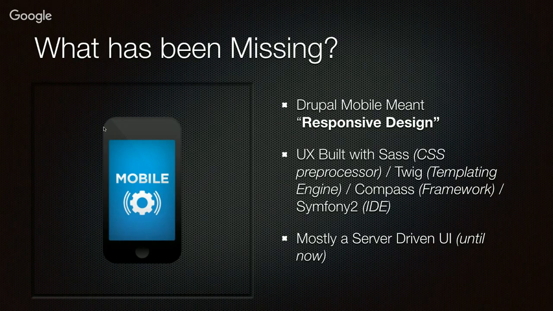And I don't know how many of you have done web development from the ground up, but there are tools such as Sass and Twig, Compass, and Symfony that allow you to programmatically design the front end, write procedural CSS, and make it extremely dynamic.